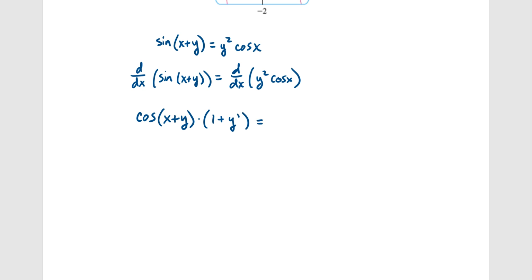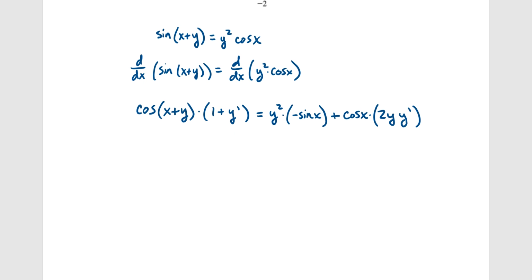And then the right-hand side is going to be product rule, y squared times cosine x. So it's the first times the derivative of the second, the derivative of cosine is negative sine of x, plus the second times the derivative of the first. The derivative of y squared is 2y y prime. Don't forget that chain rule with the y term. And now we have the fun part of solving this for y prime.